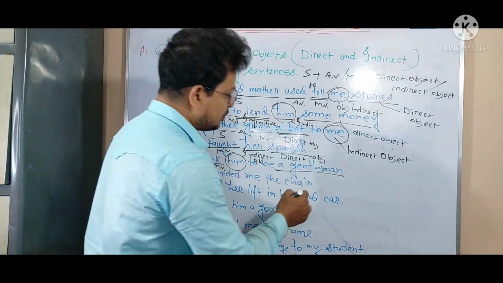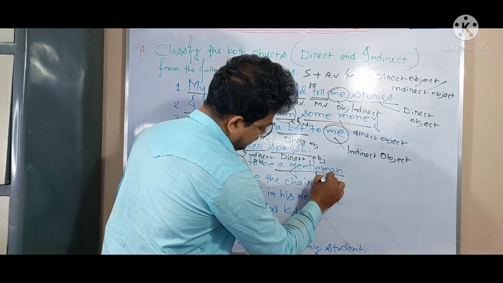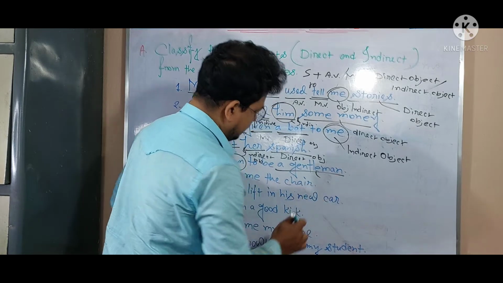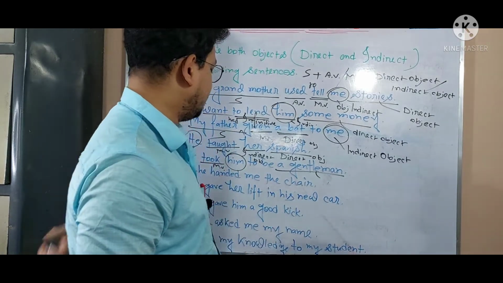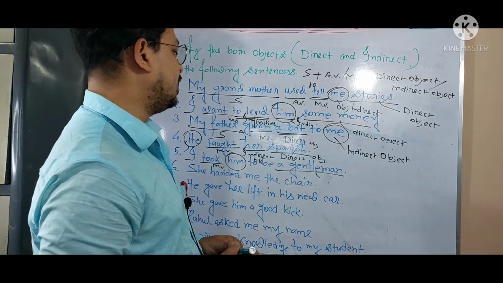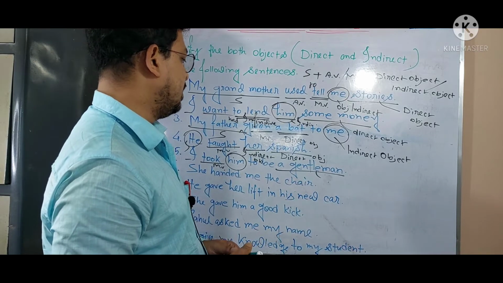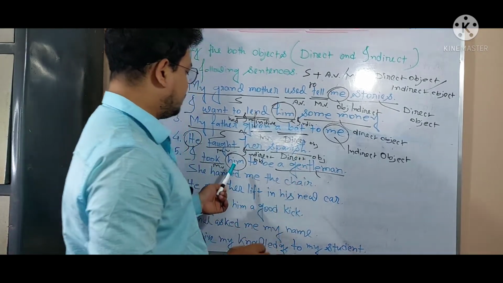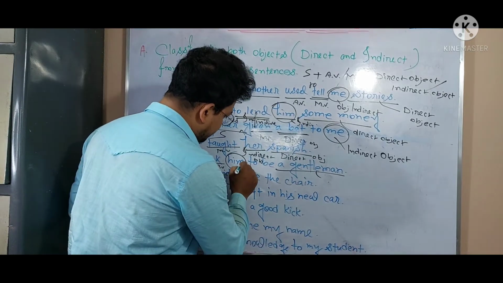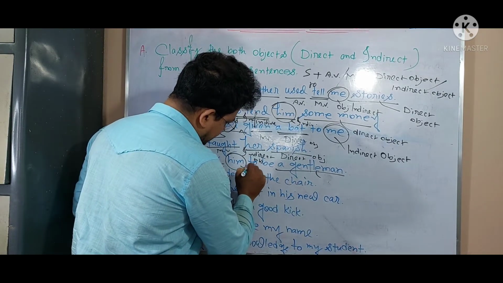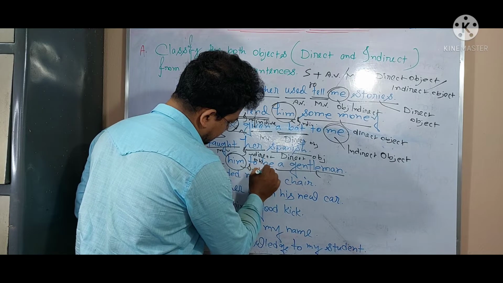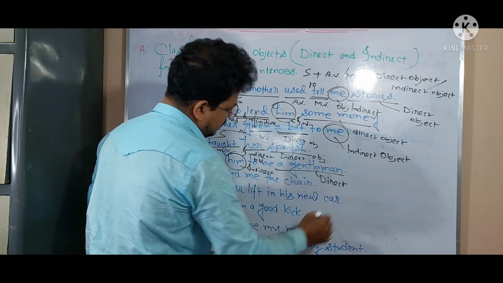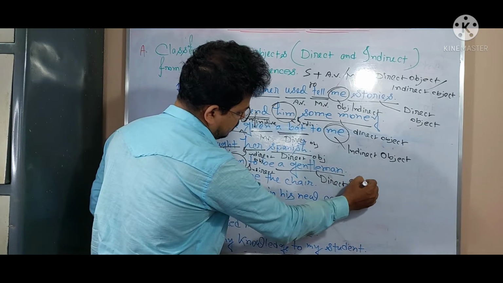As a gentleman. You can see there are both, him and gentleman, as human beings, but gentleman is the character, not the man. Him is the man, so this is why it will be indirect, and the other will be the direct object.